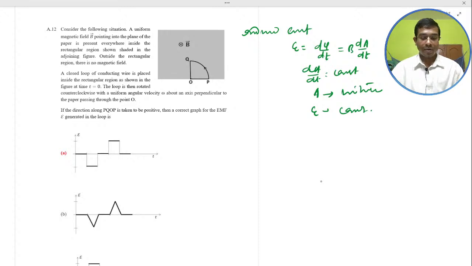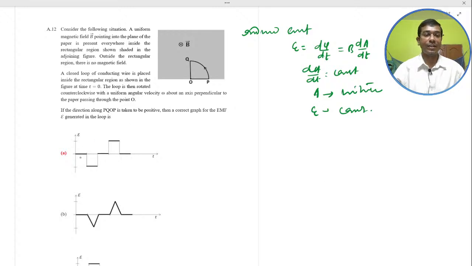From Faraday's law, we know that the system opposes the change in flux. Since flux through the loop decreases as it rotates out of the magnetic field, the EMF will be induced in a direction which will increase the flux.